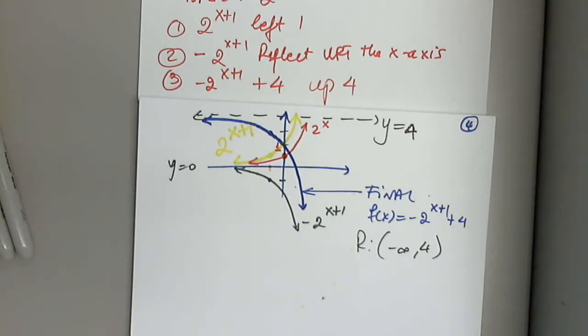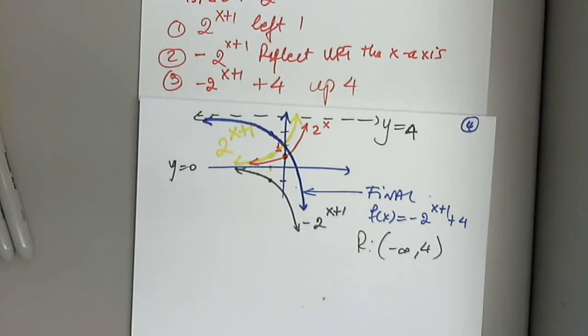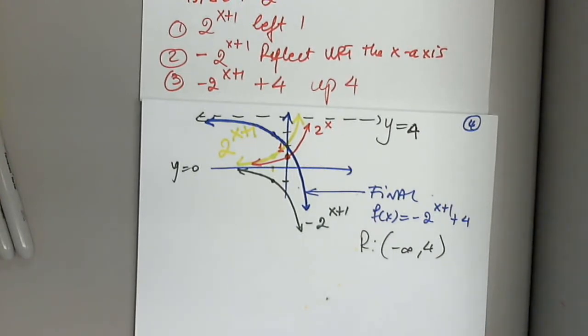Okay, so let's look at a couple of applications before we move on. So this is 4.1, on page 475. And I would like to talk about compound interest formulas.